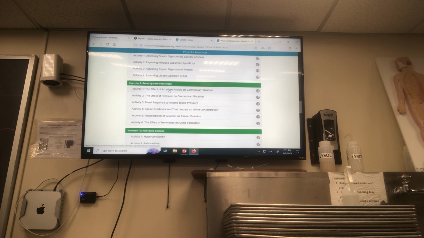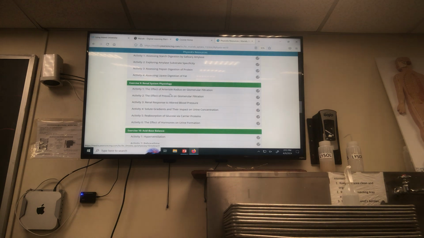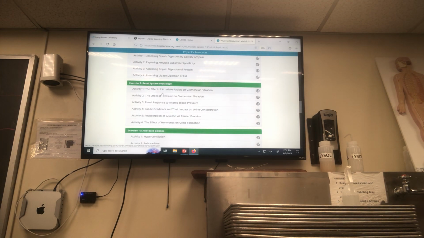So what is my independent variable and what is my dependent variable? I am measuring the effect of arteriole radius on glomerular filtration pressure, and that's the name of the experiment, but we're not only going to be looking at glomerular filtration rate. We're also going to be looking at glomerular filtration pressure and the urine that is going to be formed. So which one is my independent variable? Which one is my dependent variable? Yes?